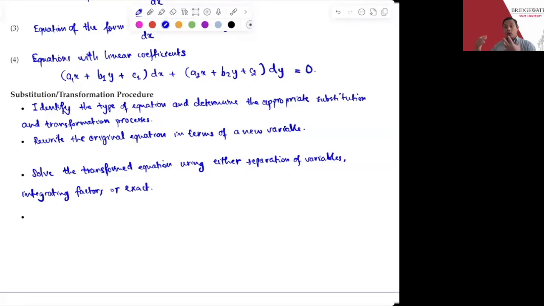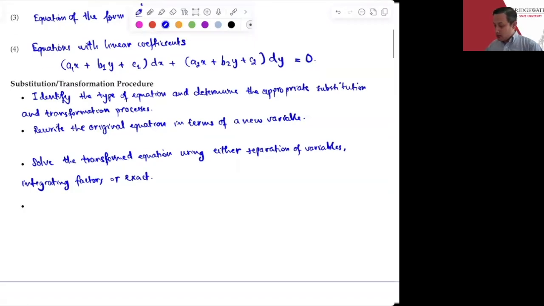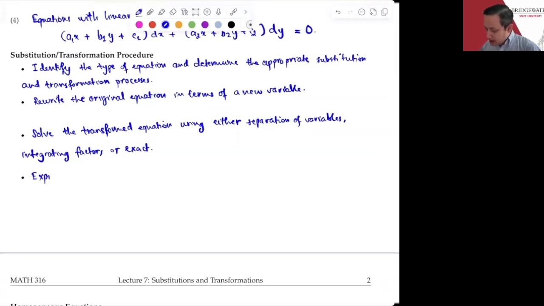And then at the end, when you obtain the solution of the transformed equation, the final thing you have to do is extract the solution in terms of the original variables. So the last step is to express the solution in terms of the original variable.